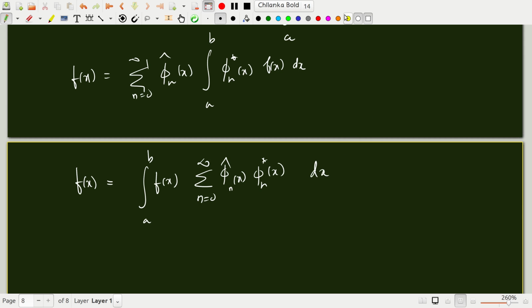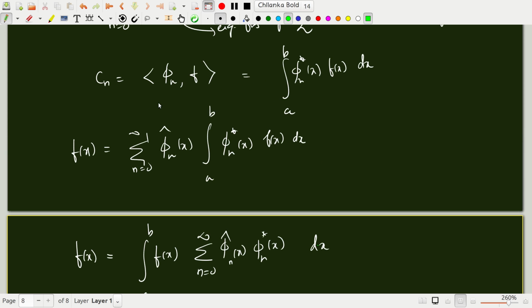Now look at this combination. This is f of x, this is the integral of f of x dx. There is one small change. Because this is f of x, I have to use a dummy variable instead of x itself, so instead of x I will use z: phi n of z, f of z dz.